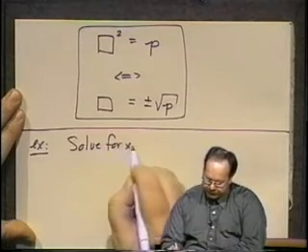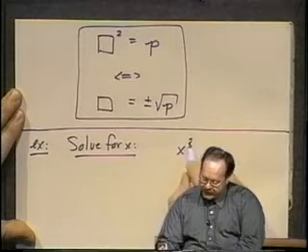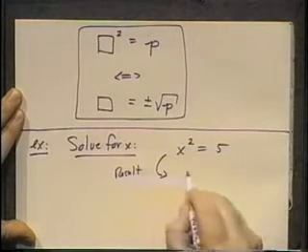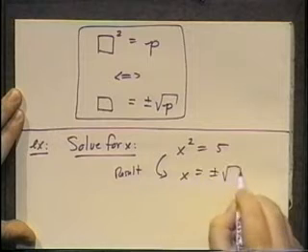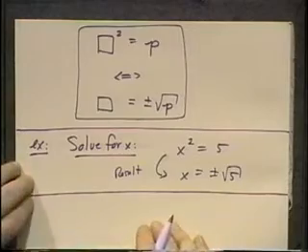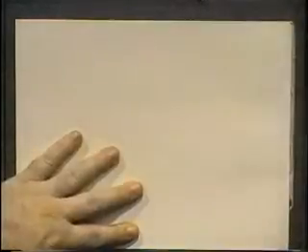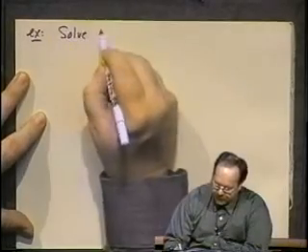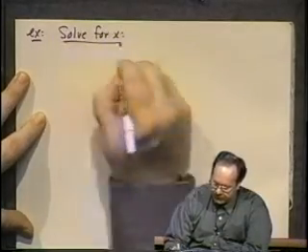Solve for x. If you're given x squared equals 5, by this result, the answer is immediately plus or minus square root of 5. No mystery, we now have the result immediately. We also have the result in the case of this example. Solve for x.